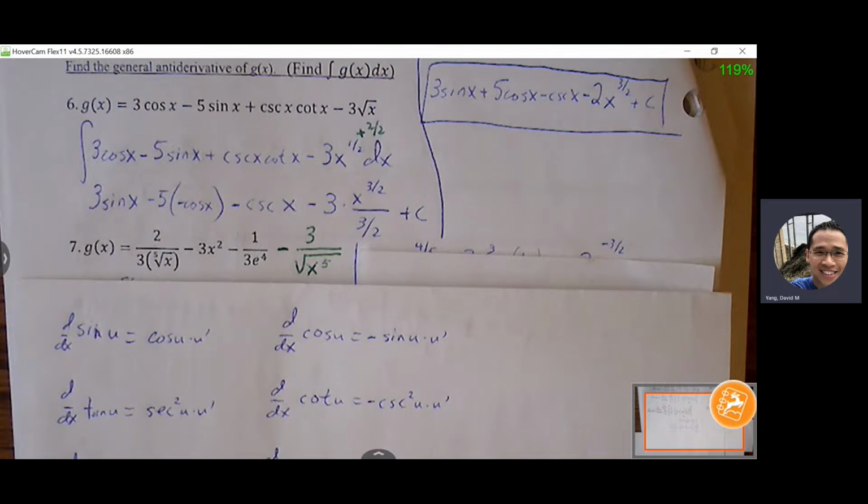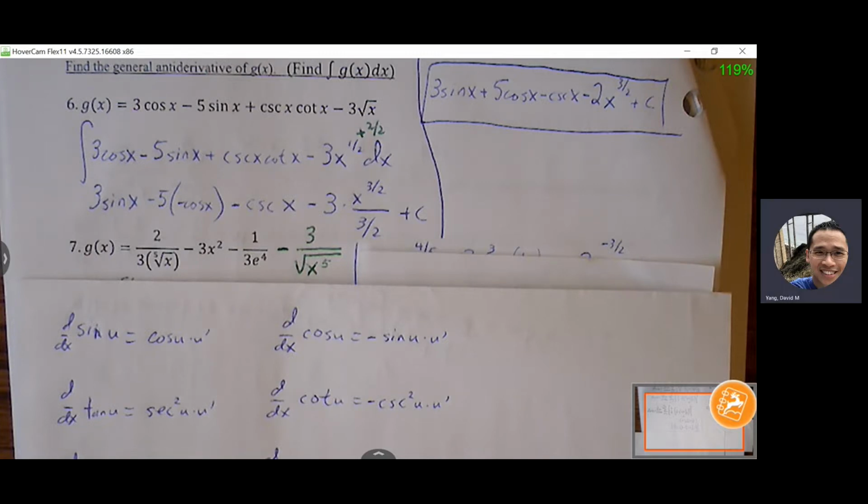Do you see any variables here? e is not a variable. So this is a what? Constant, right? What's the integral of a constant? Add x. Just add x, yep. It's just a messy constant. So if it's a messy constant, we treat it the same way we do a 2 or 3 or 5. We just raise it to degree 1.